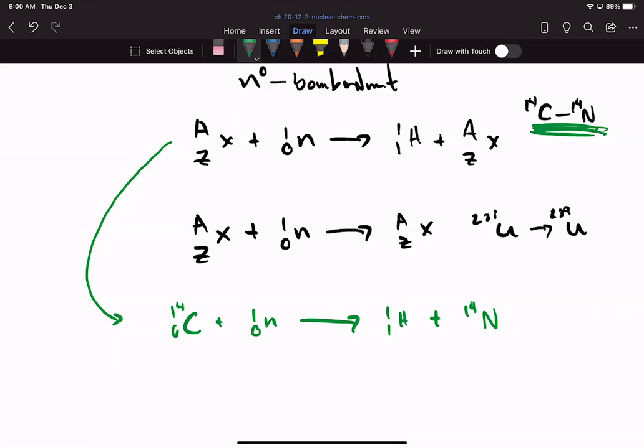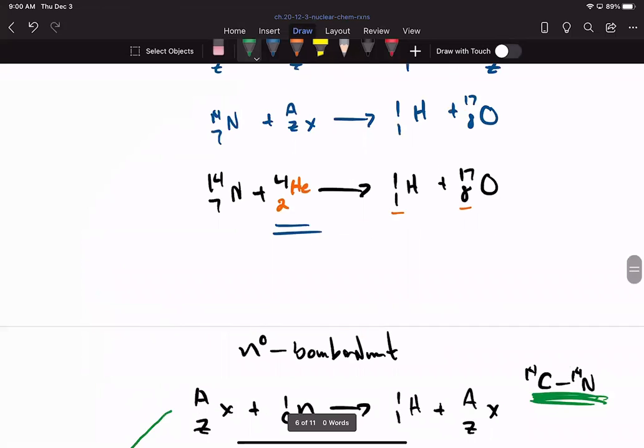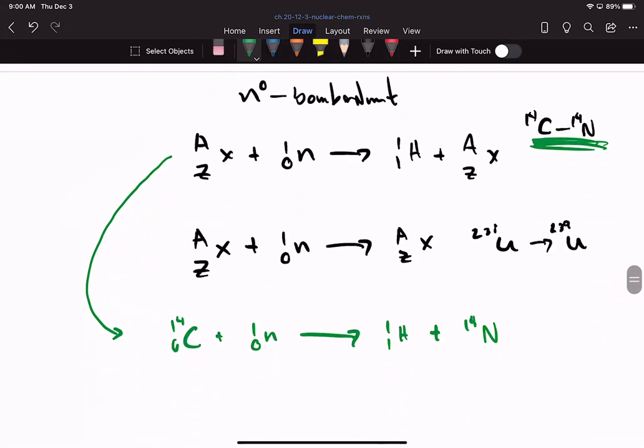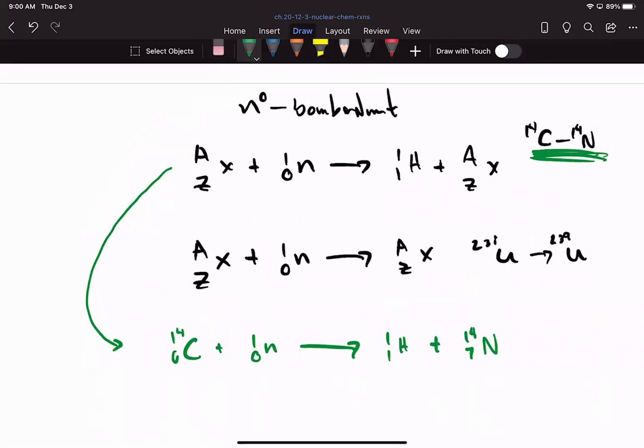Nitrogen has an atomic number of... maybe I was using boron in my example.